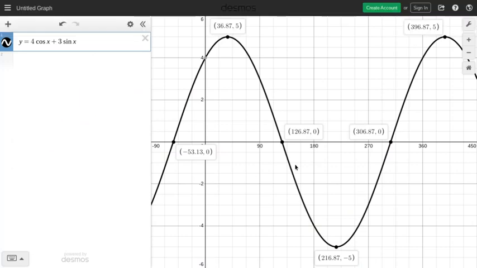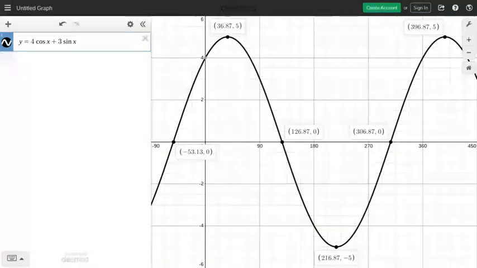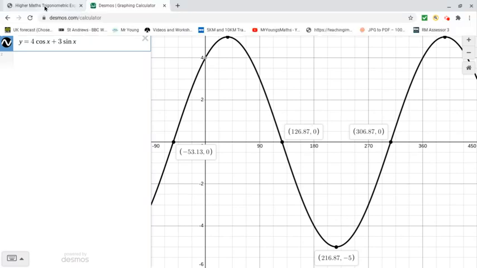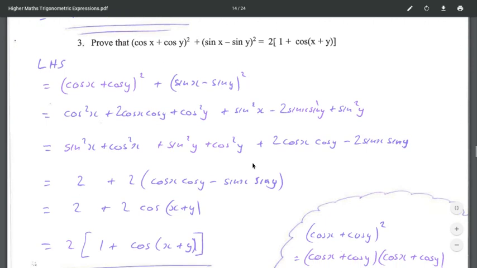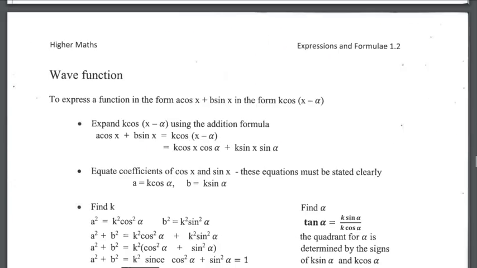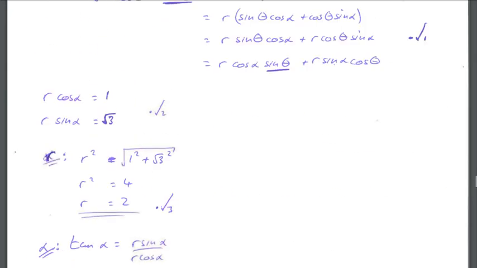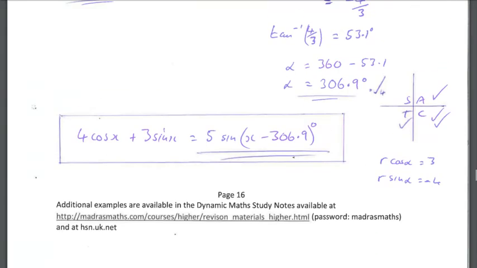So it was 5 sine x minus 306.9. So it does have an amplitude of 5, and it has shifted 306.9 degrees to the right. So that works out really well. So we've got the diagram of what that would actually look like.